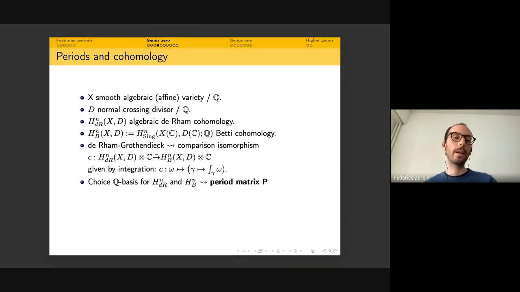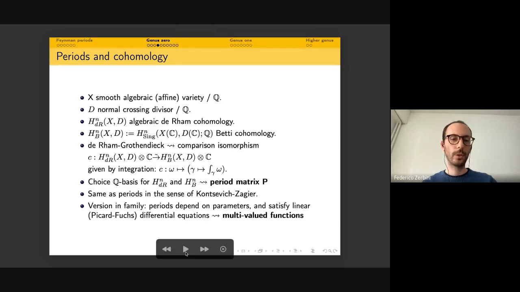And it turns out that all of the periods in the Kontsevich-Zagier sense can be obtained this way, and vice versa. So these are the same class of functions. It's not a trivial result to prove, but it's true. So you get the same periods as in the sense of Kontsevich-Zagier.